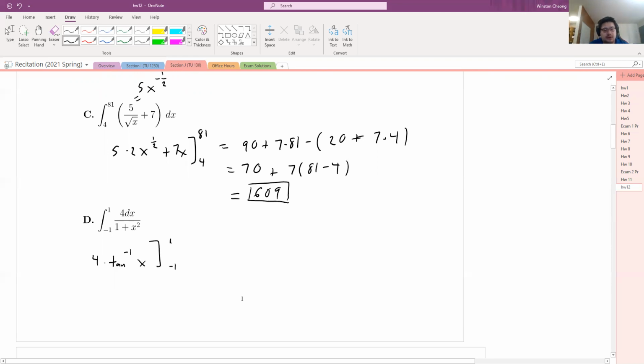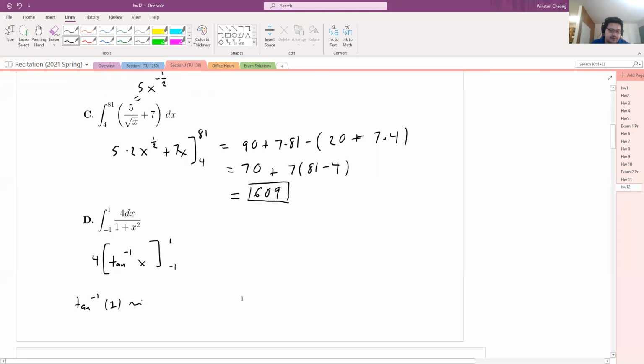Okay. What I'm going to do is I'm going to split that 4 out of the evaluation. That's kind of just like you're factoring 4 out and you're only evaluating the part inside the brackets from -1 to 1. And so now it boils down to knowing what is inverse tangent of 1.